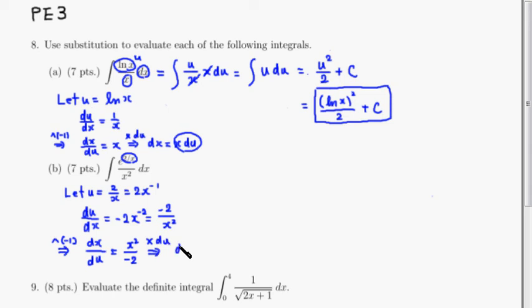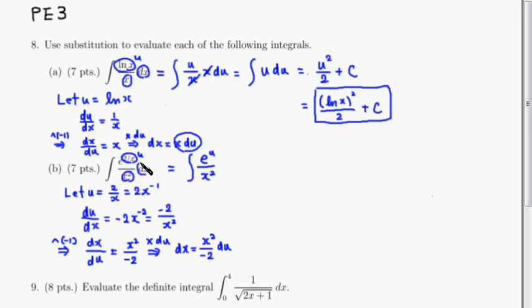Then we can just multiply through by du. So dx is equal to x squared over negative 2 du. So we're going to rewrite this integral. We decided to call this guy u, so it's going to be e to the u on top over x squared on the bottom, so I'll leave that as it is for now.